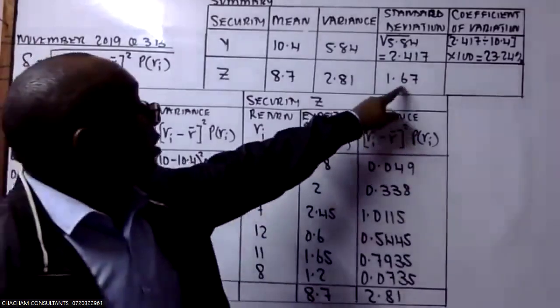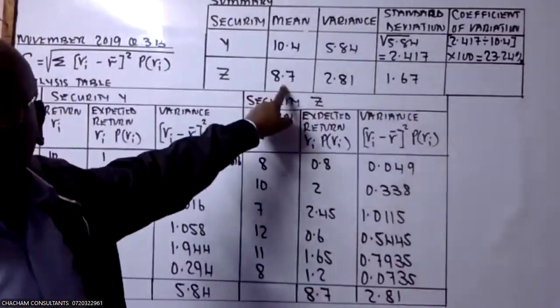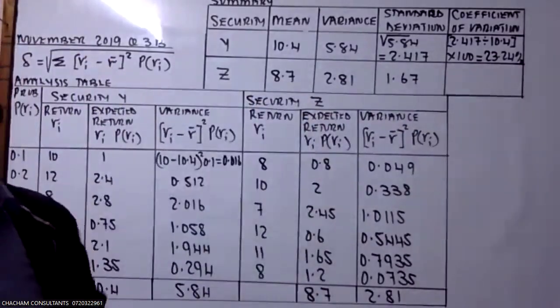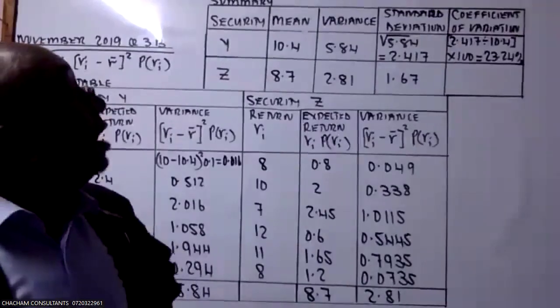Unachukua this standard deviation, una divide na the mean 8.7, then you multiply by 100, just like we have done with the y.